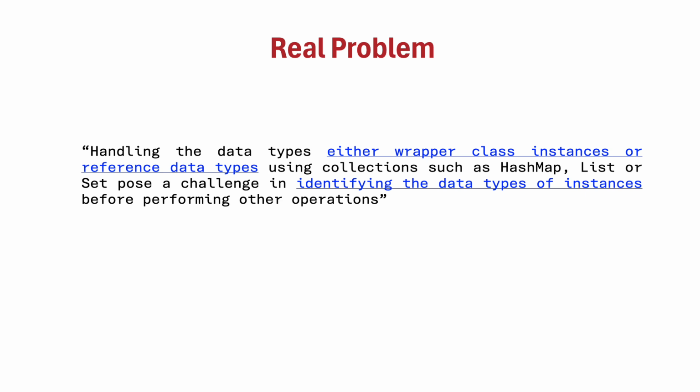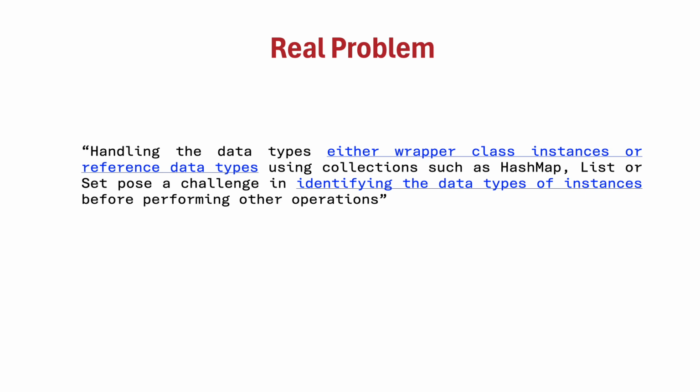Whenever data is stored in them and they wanted to operate on the data, when they retrieve it, it can be of any different data type. So they have to check through instanceof before doing any further operations. Otherwise, it will result in a ClassCastException.